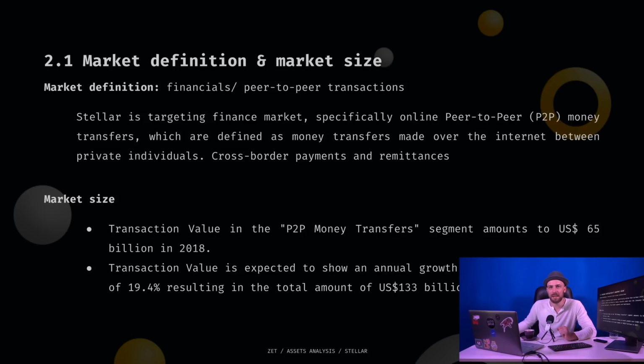Actually, Stellar, as well as Ripple, is trying to upgrade the existing banking system, providing its software and infrastructure for low-cost and faster transactions for P2P transfers and cross-border remittances. Yes, I hope that's clear.